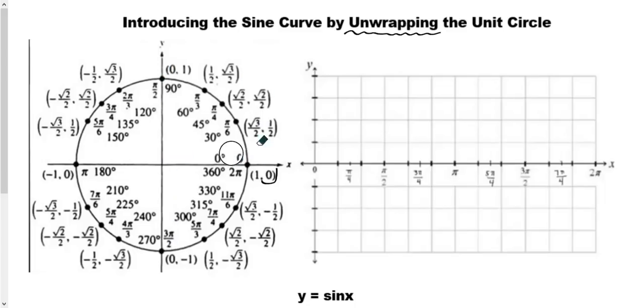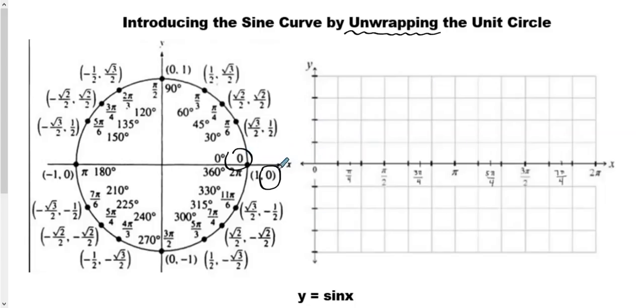So what happens when we compare our position in radians to the height above or below the x-axis? Well, we're going to find out just by pairing up the radians and the y coordinate. We're going to make our own xy point out of these two numbers and put it on the graph.